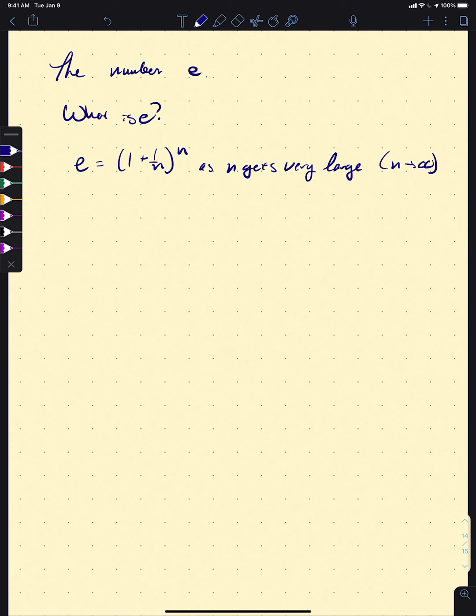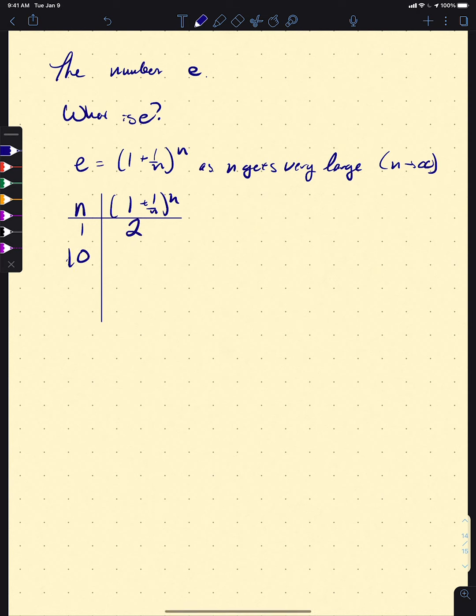But we can use some calculators and get an idea for what it should be. Let's make a little table of our value of n and 1 plus 1 over n to the n. If n is 1, we get 1 plus 1 is 2, to the 1 is 2.